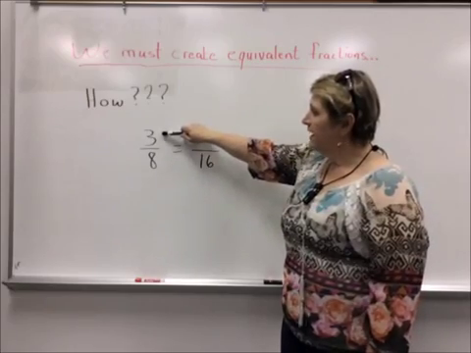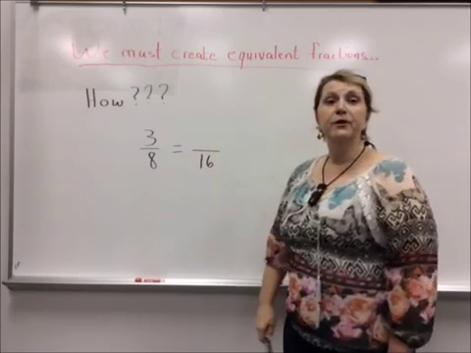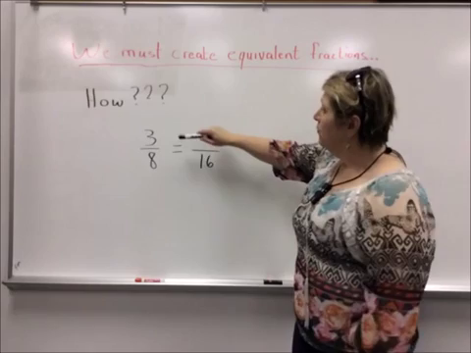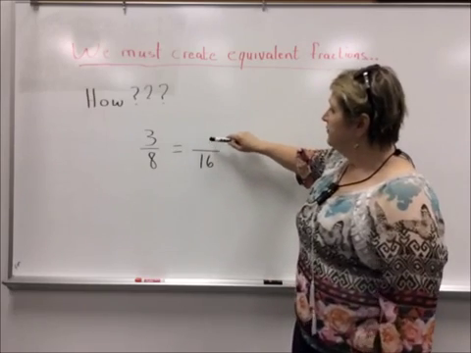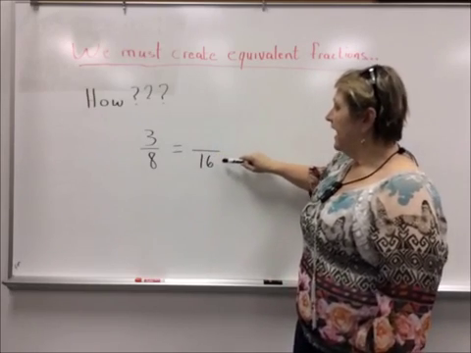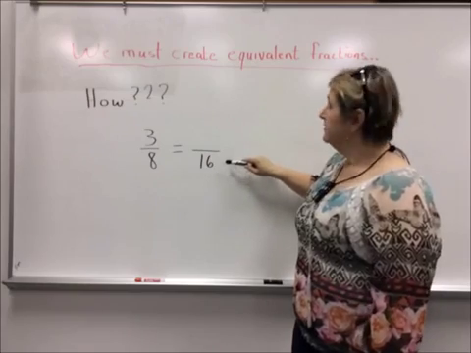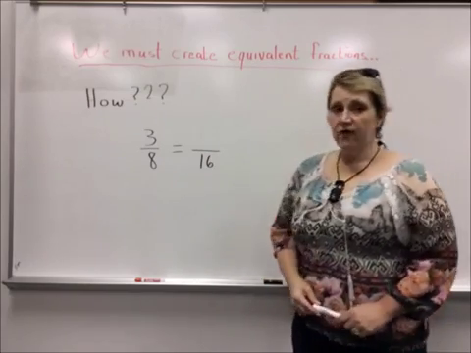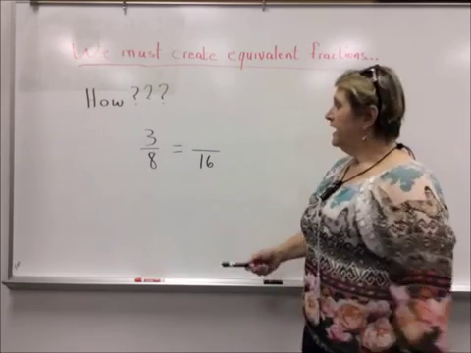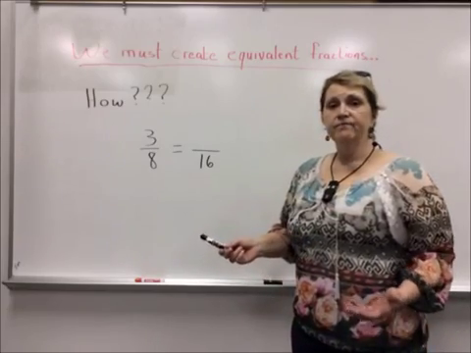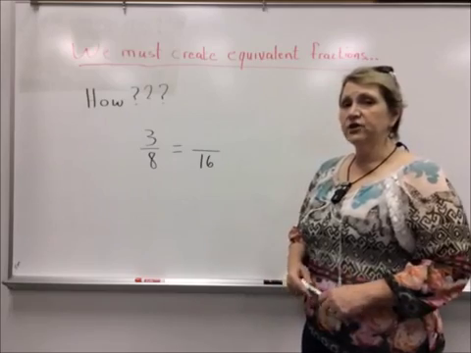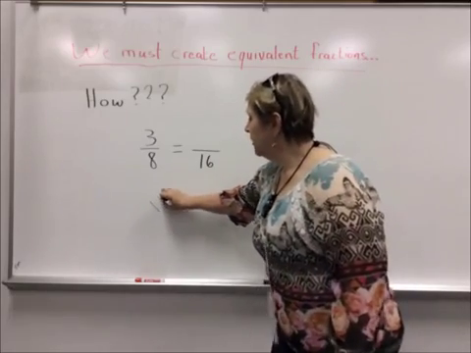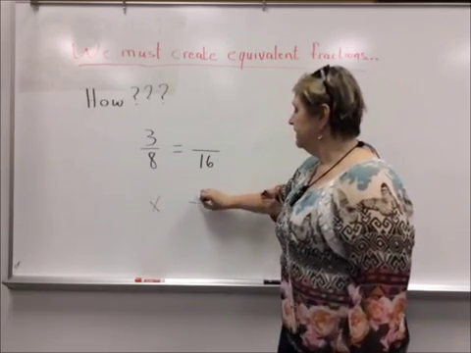We have the fraction 3/8. This time we don't have a drawing. And we want to turn it into a fraction that's equivalent to it that has the denominator 16. Now, one thing that we know about equivalent fractions is that we can get an equivalent fraction by either multiplying or by dividing.